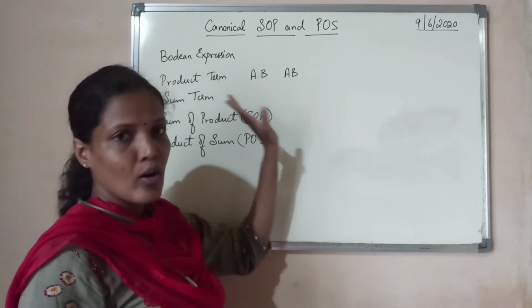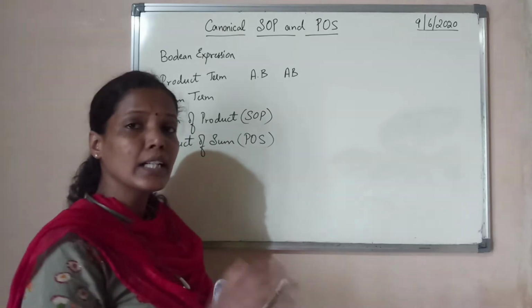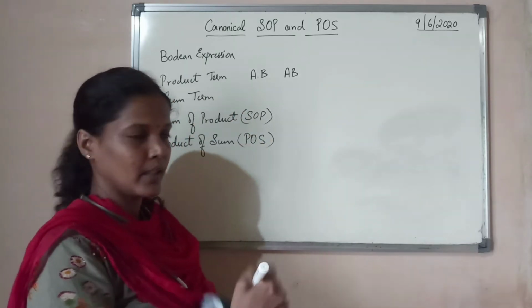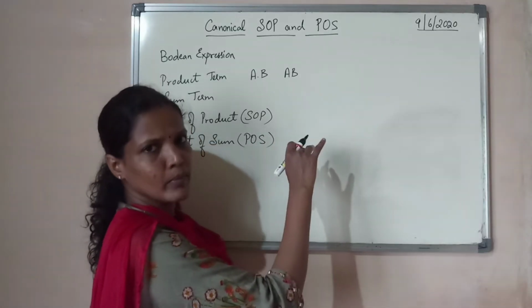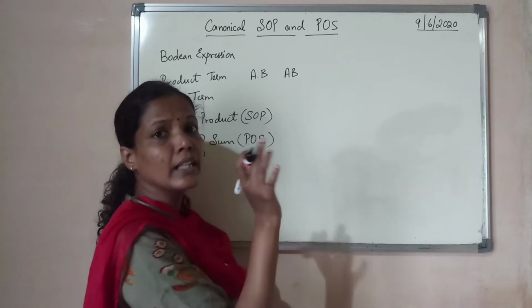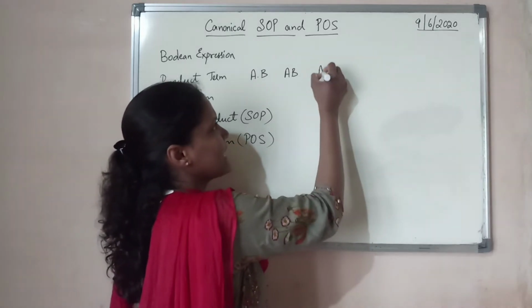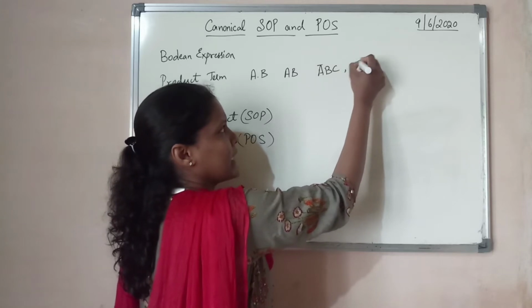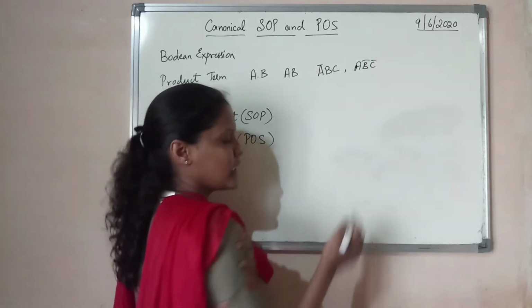So ANDing of the variables, either in the complemented or uncomplemented form, is called a product term. Whether complemented or uncomplemented. In this particular example, both the variables are in uncomplemented form. I can take it in any manner: a bar b c, or a b bar c bar, however we want.